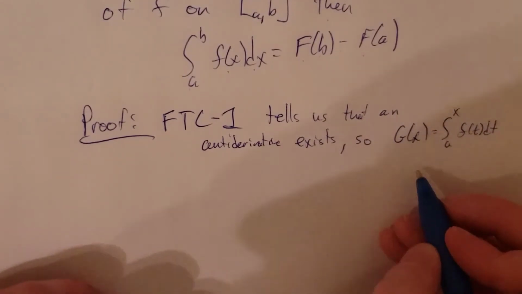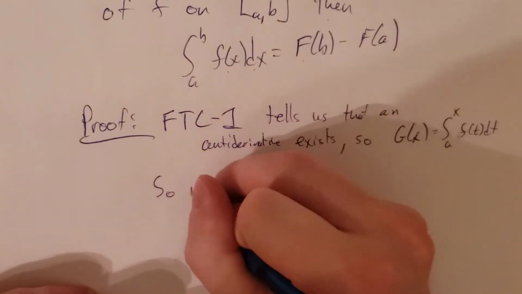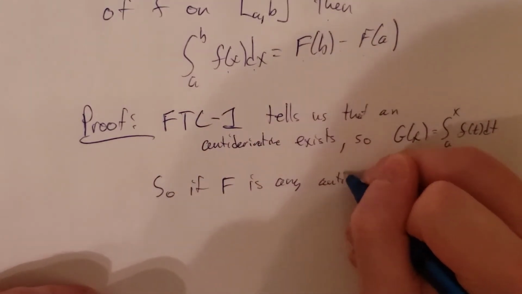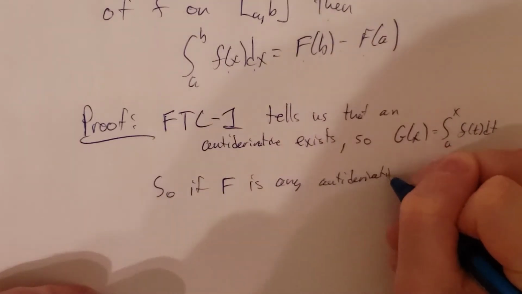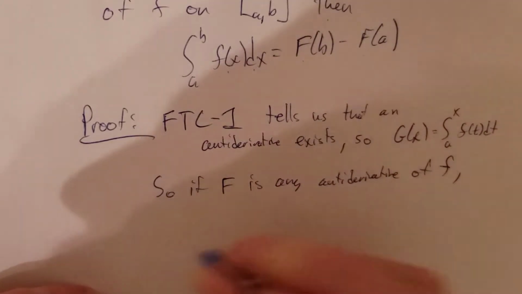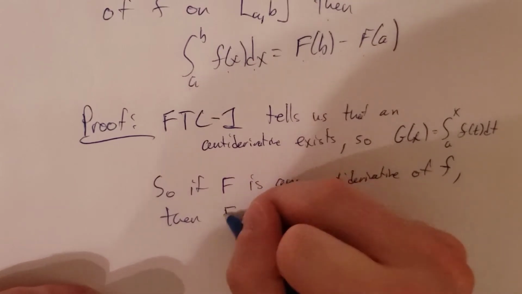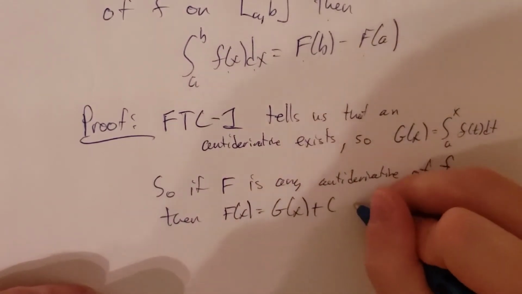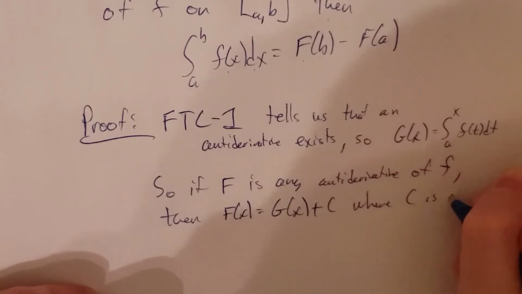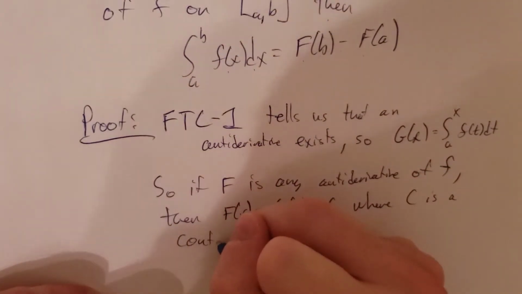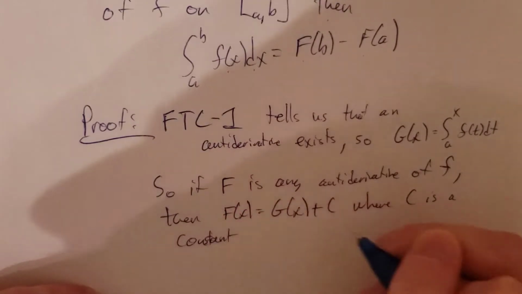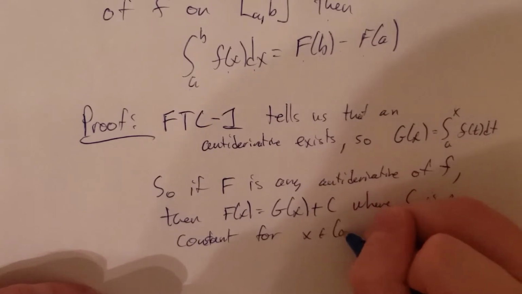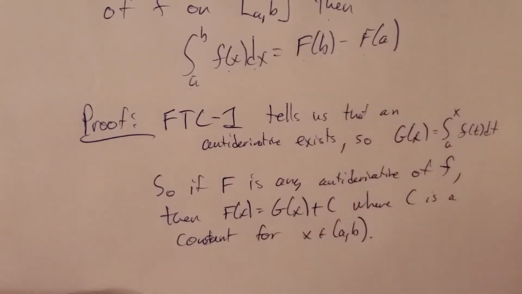All right. Then, if capital F is any antiderivative of f, then capital F of x is equal to g of x plus some constant c for x in the open interval a to b.